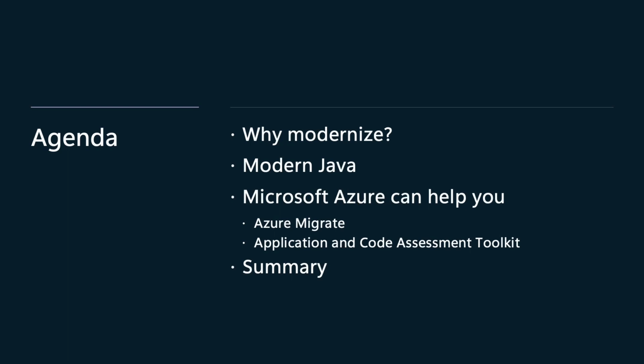And finally, the most important part, how can we help you bring your Java applications to the cloud, re-platform them, and also modernize your Java application with the latest technologies in the Java ecosystem? And we're going to show you two tools that our teams have been working on to help you and perhaps our customers as well, if you're a partner, to assess and migrate your applications to Azure.